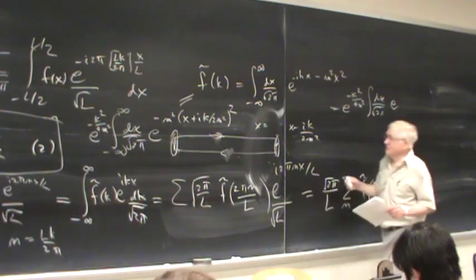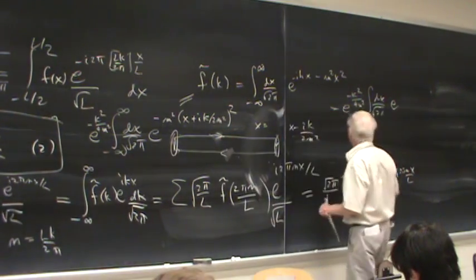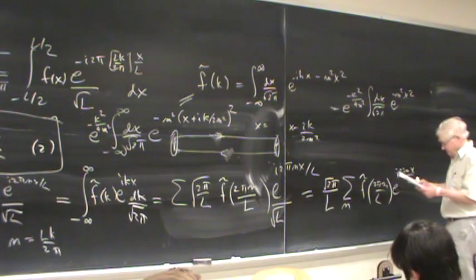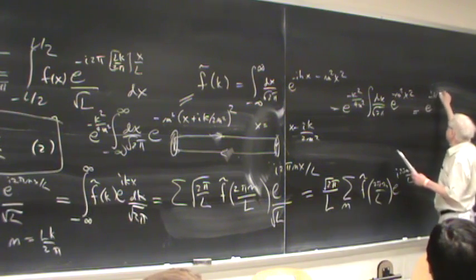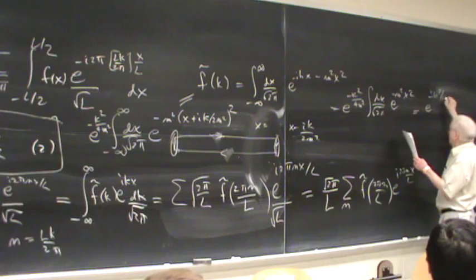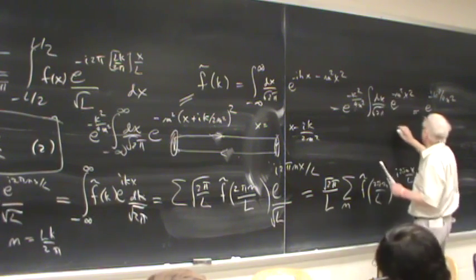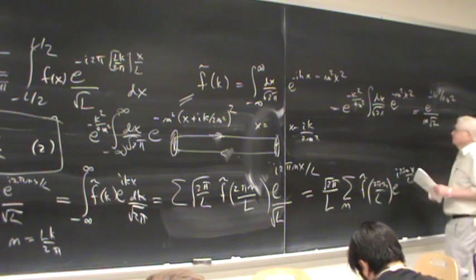And now, if we let x go to x minus this thing, we just have m squared x squared. And of course, this integral is a very simple integral. It's just e to the minus k squared over 4m squared, which is the thing out here. This thing is just a number, and the number is such that this is m root 2.